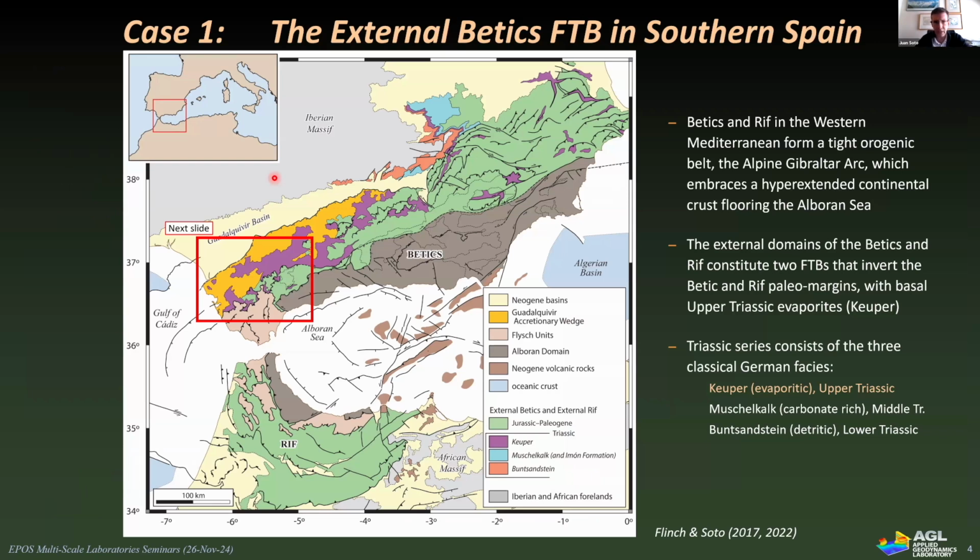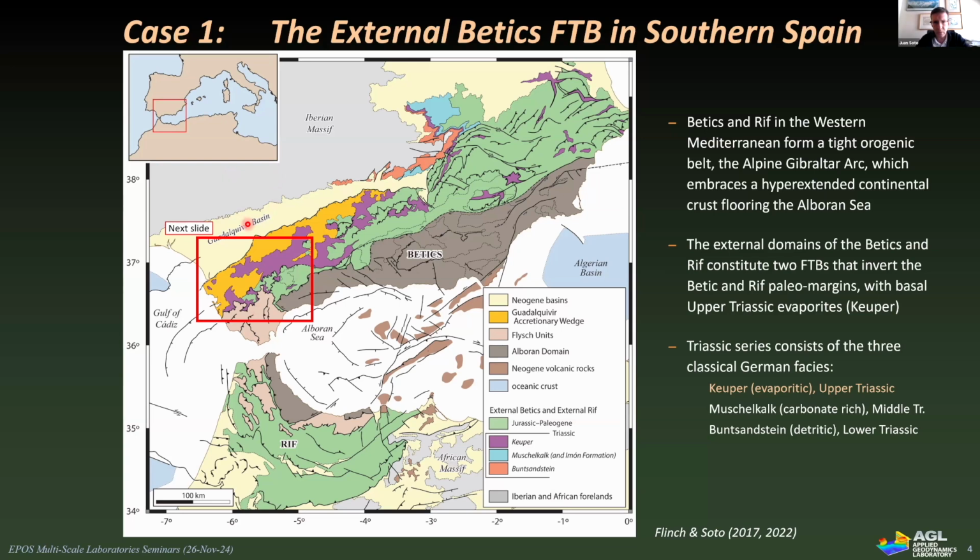The Betics is a very tight orogenic arc between the Betics and the Rif, in the Western Mediterranean. One of the most important and intriguing aspects in the Western Betics is that we have very large outcrops of Upper Triassic evaporites.